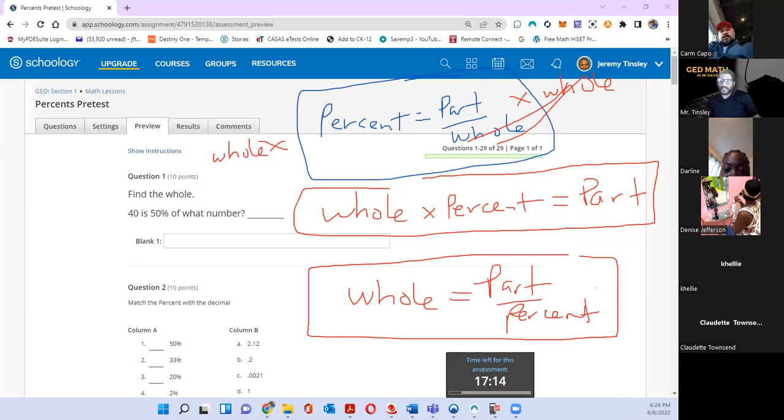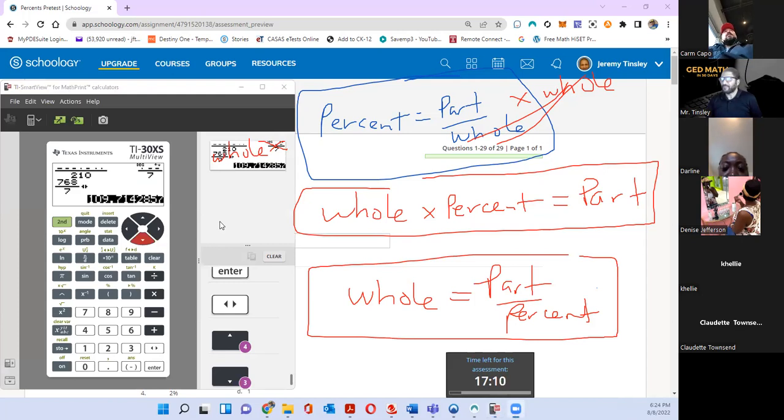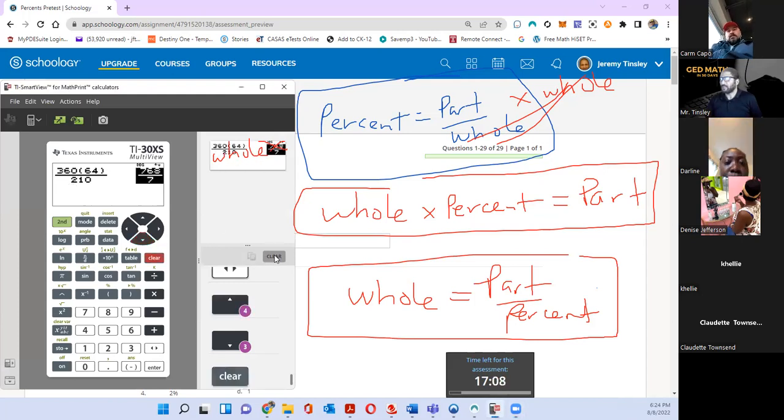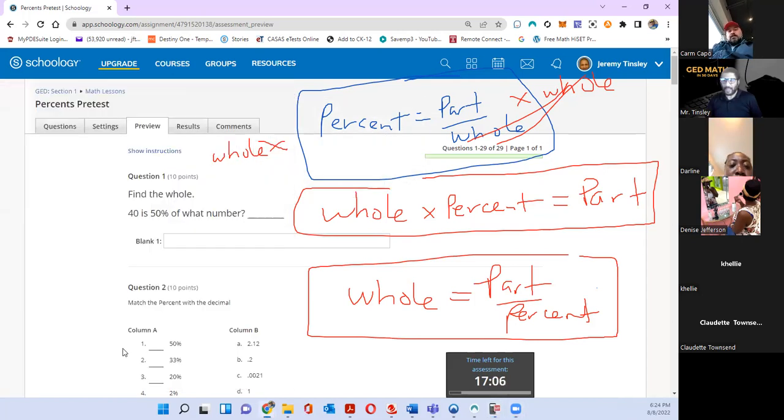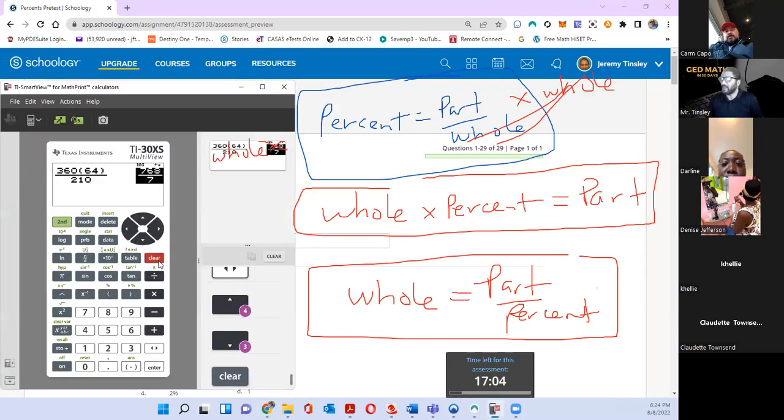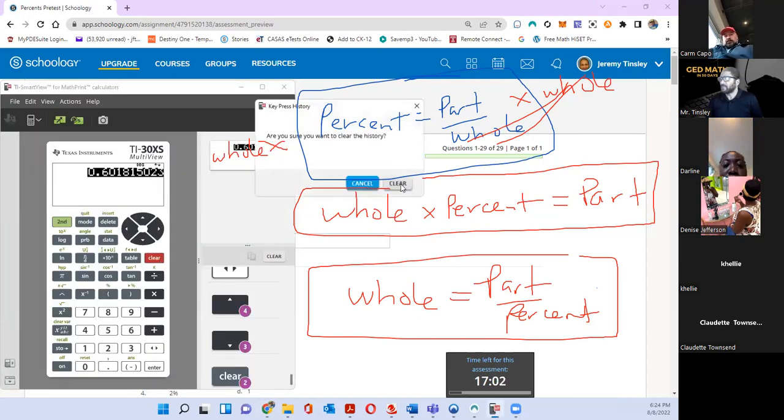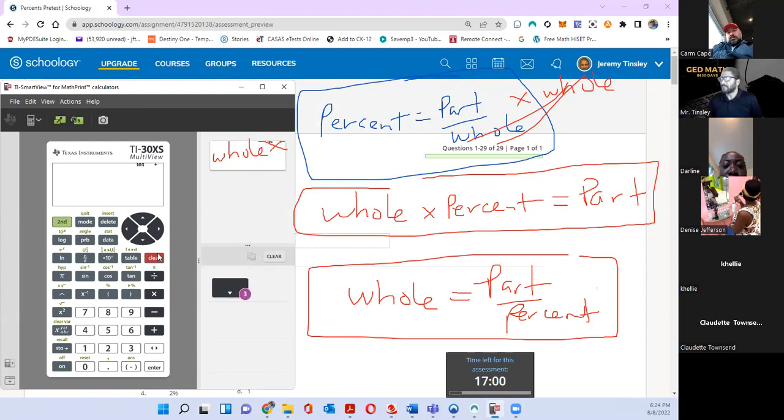So now you just grab your calculator. I'm gonna press clear. So, 40 is 50% of what number? Is 40 your whole, your part, or your percent?